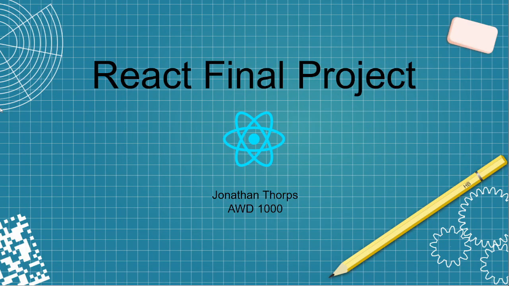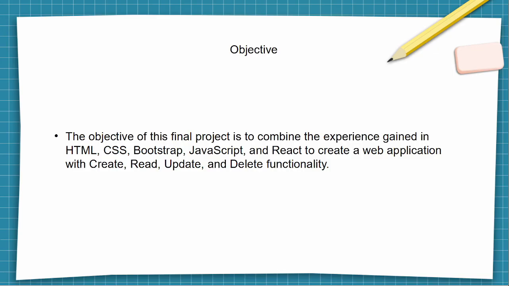Hello, my name is Jonathan Thorpes, and this is my presentation for the final React project. The objective of this final project is to combine the experience gained with HTML, CSS, Bootstrap, vanilla JavaScript, and React to create a web application to do CRUD operations, which is create, read, update, and delete.